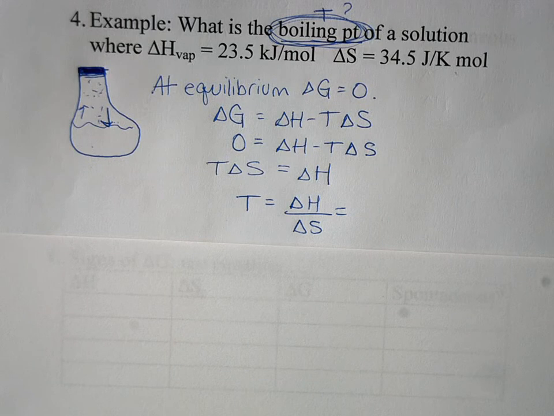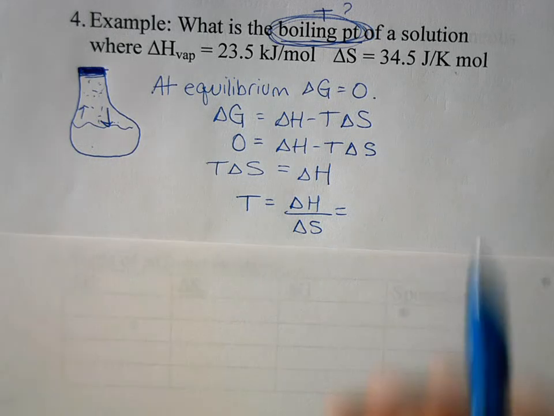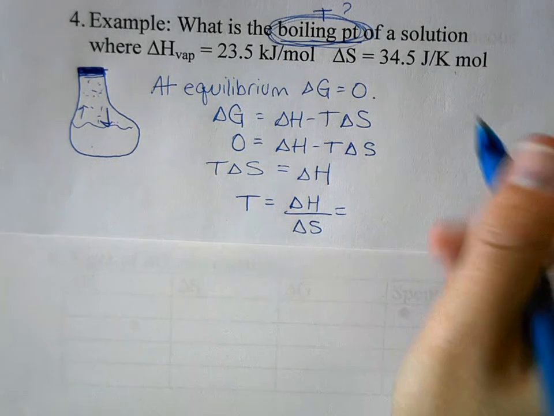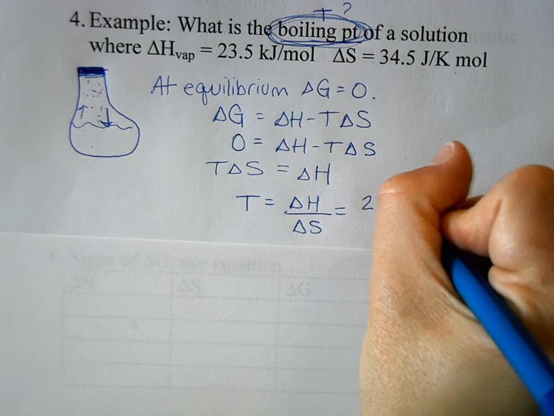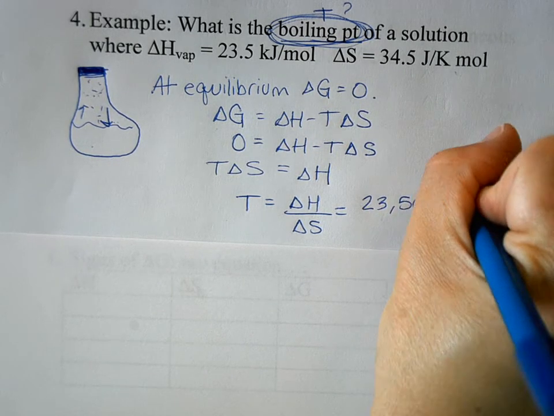And you can plug in numbers, you just have to make sure that all of the units are consistent. So delta H is 23.5 kilojoules. You could convert whichever one you want. For me, it's just easier to go from kilojoules to joules because I can just make this 23,500 joules per mole.